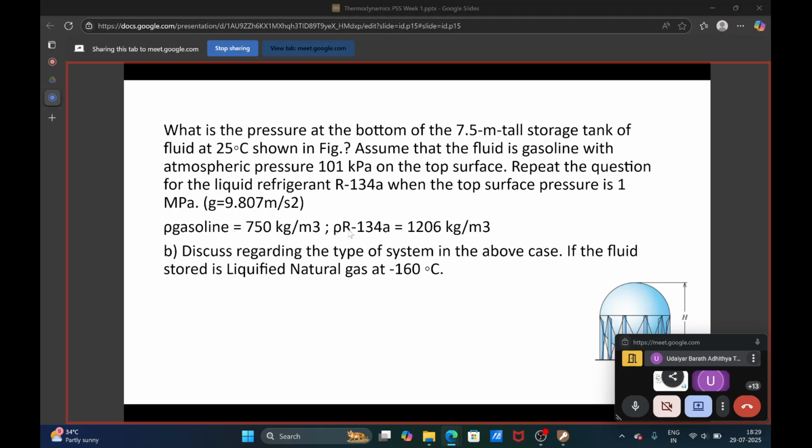I'll give you a couple of minutes. 1 megapascal is 1000 kilopascals.